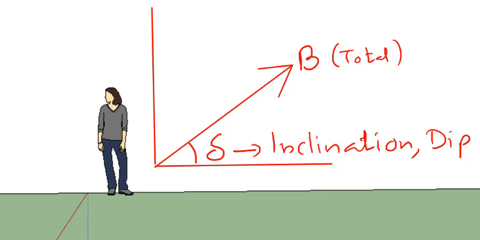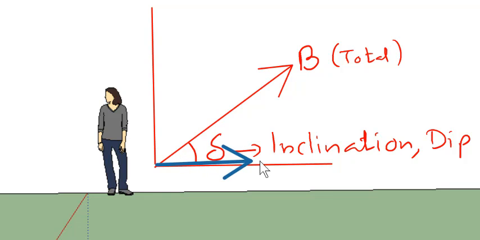Okay. Now, since we are dealing with the Earth's magnetic field and that is a vector, we always resolve that into convenient forms. One component will be taken parallel to the ground and the other one will be taken perpendicular to the ground.